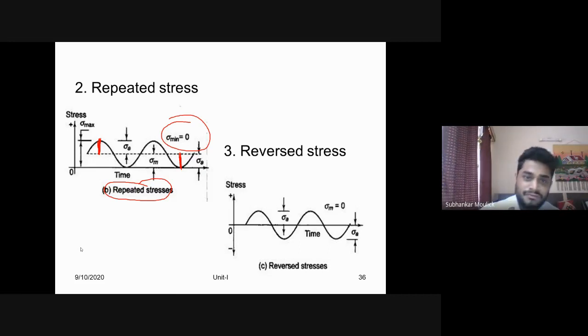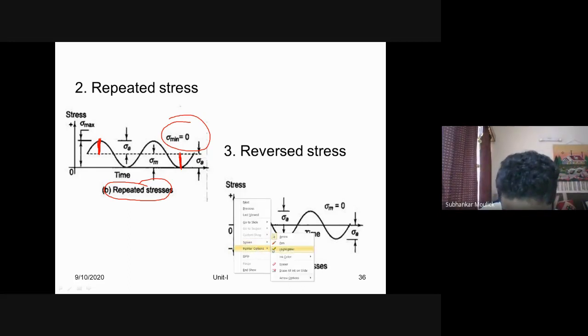In reversed stress, there is no mean line stress. See, this mean line is not present. That means the mean line will exactly coincide with the time axis. If this is the curve, then the peak which is below the mean line will be a negative peak.